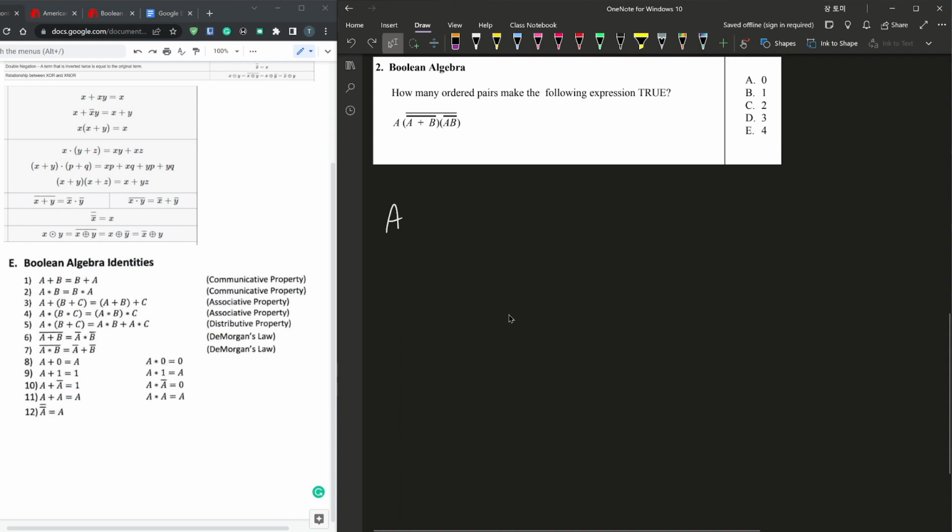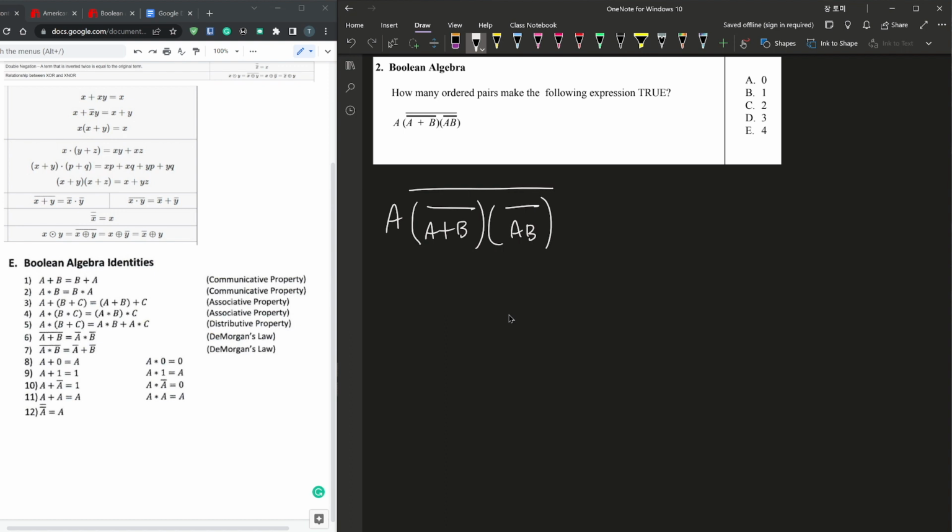This is pretty interesting. Not parentheses, not a plus b times not ab. It's really important that we get the parentheses correct because that might change the answers. Anyways, again, we see inside a not, we see multiplication.